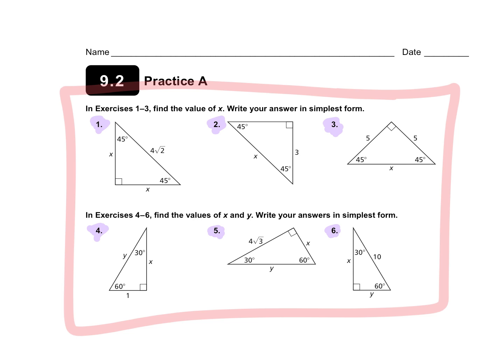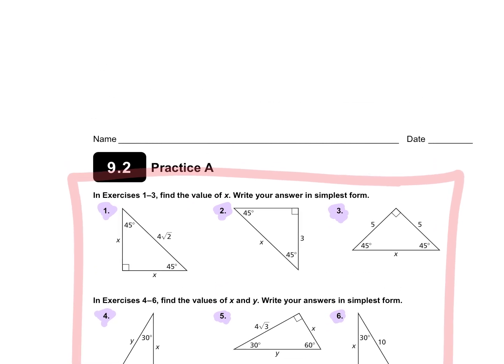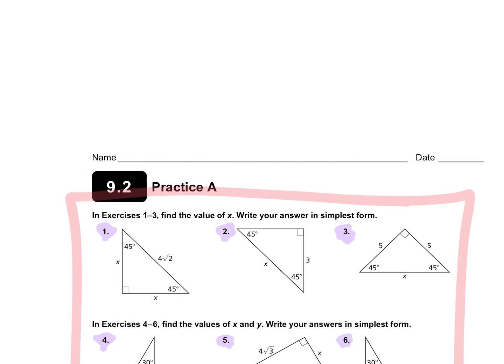Most important thing for this is their special right triangles. So you have to remember your 30, 60, 90 triangles and your 45, 45, 90. I'm going to draw them at the top right here because you have to know how to label them.